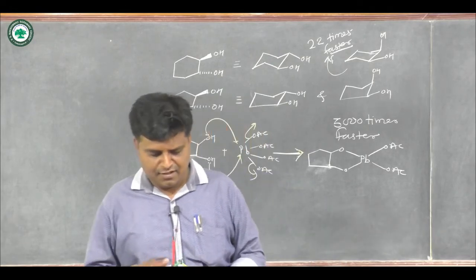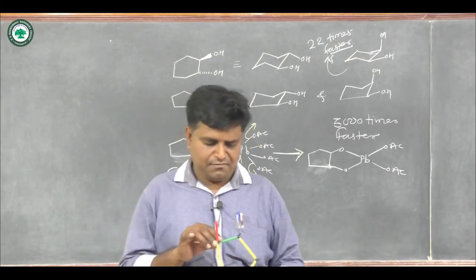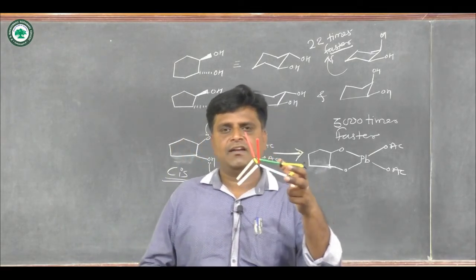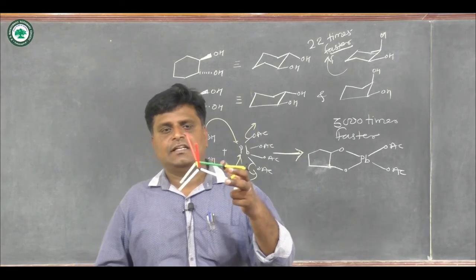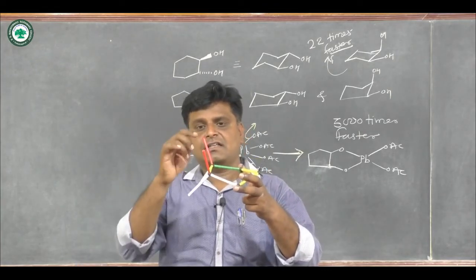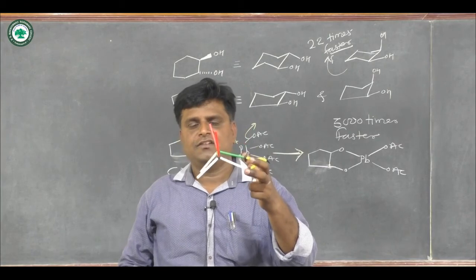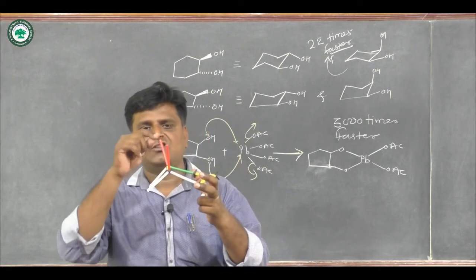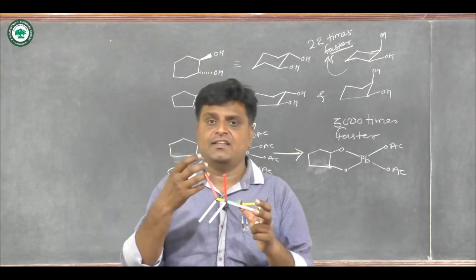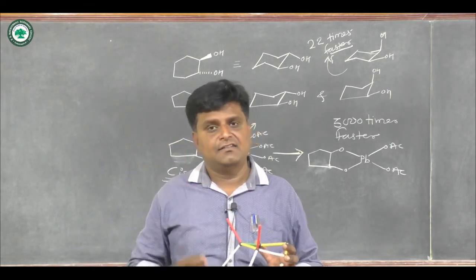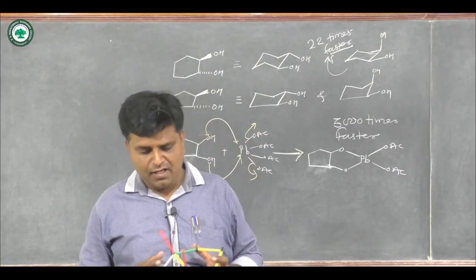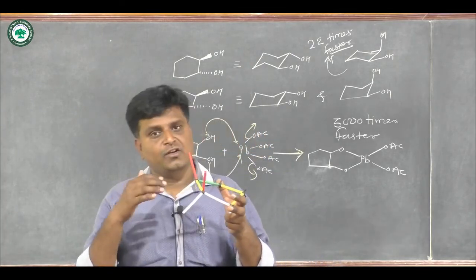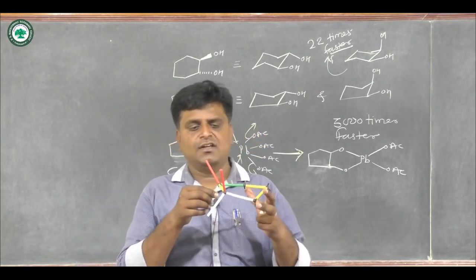Here the angle is not exactly 60 degrees, but less than 20 degrees, and this is nearly eclipsed. The two hydroxyl groups are nearly eclipsed, and that's why there is formation of an intermediate like a 5-membered cyclic ring. That reaction is much faster as compared to the 6-membered ring.